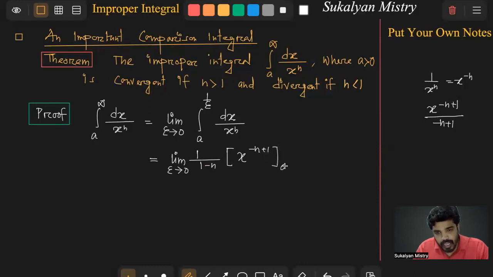Limit is a to 1 by epsilon. Okay, so now we put upper limit as well as lower limit. So that equal to limit epsilon tends to 0 1 by 1 minus n.